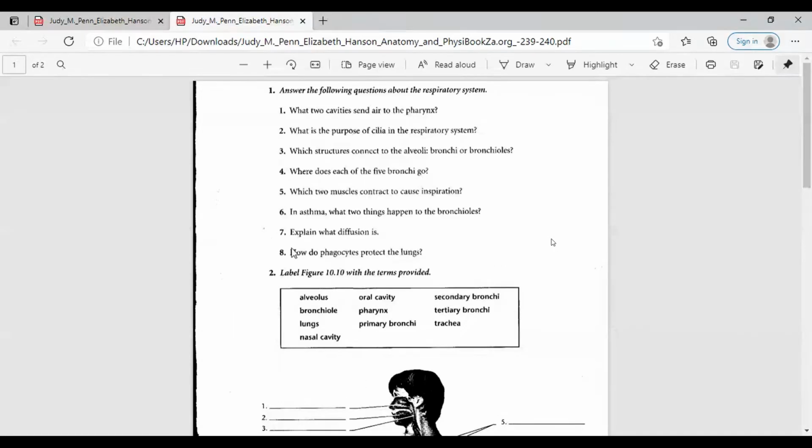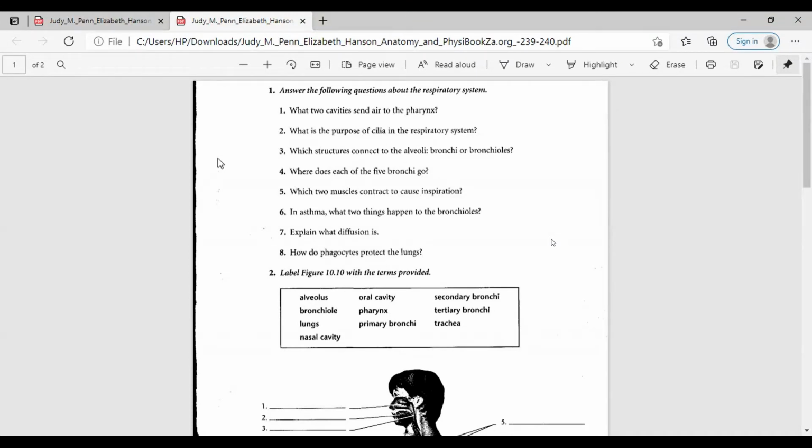Okay, so first, take a look at the first 8 questions. Let's see if you can answer these questions or not. These following questions are about the respiratory system. Let's go through the questions first, and I will give you time to find the answers.